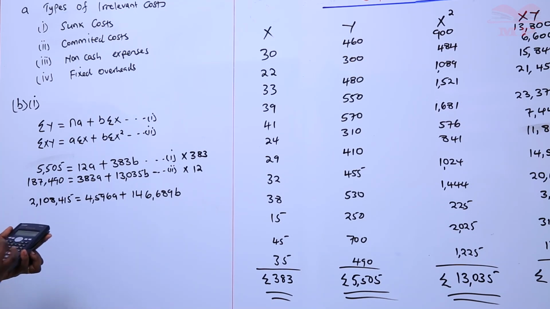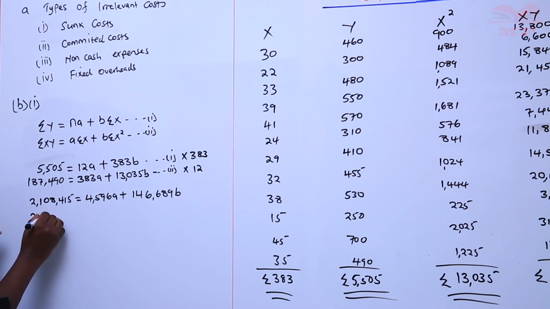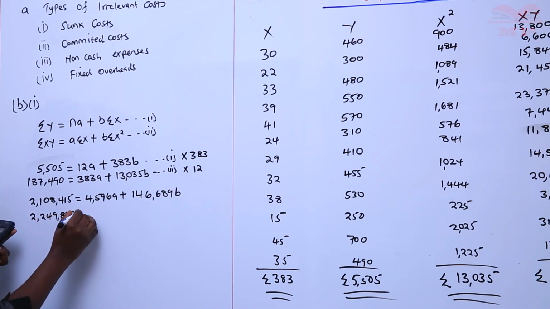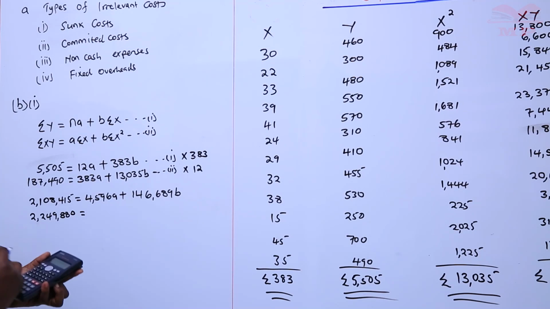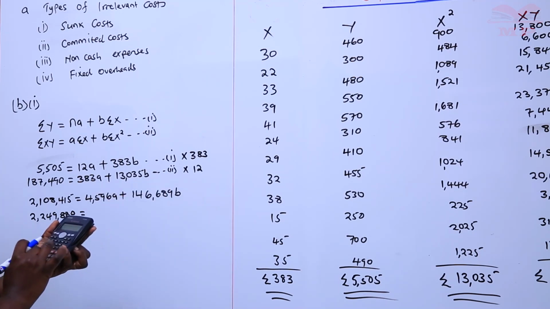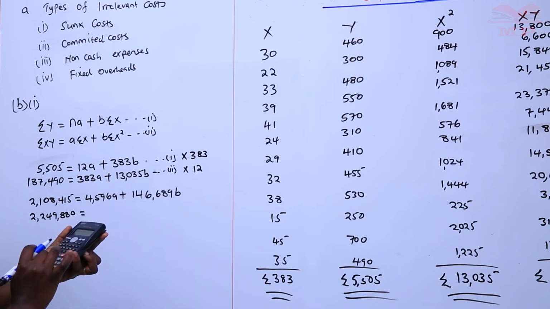And then we do the same with the second line. We take 12, we multiply by 187,490, which will give us 2,249,880, which will equal 383 times 12.